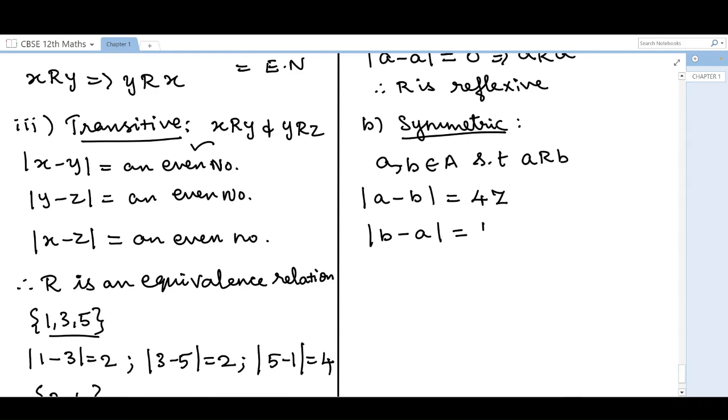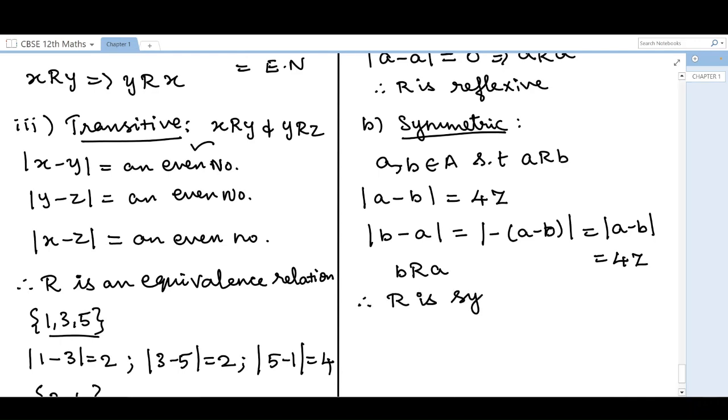But this can be rewritten as minus (a minus b), which is equal to a minus b in absolute value. So again we have proved that this is a multiple of 4. Thus we have proved that b is related to a. So this implies the relation R is symmetric.